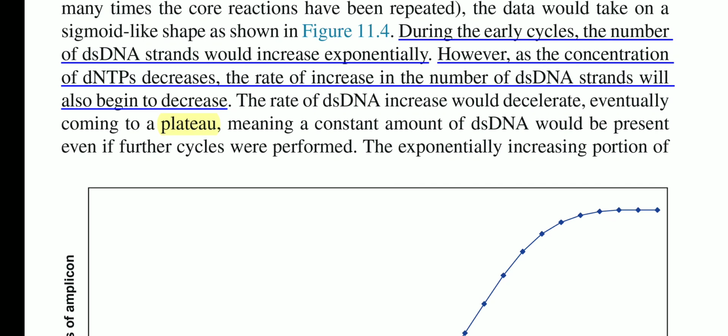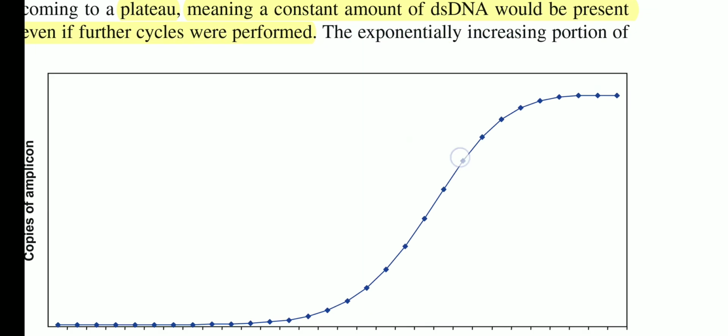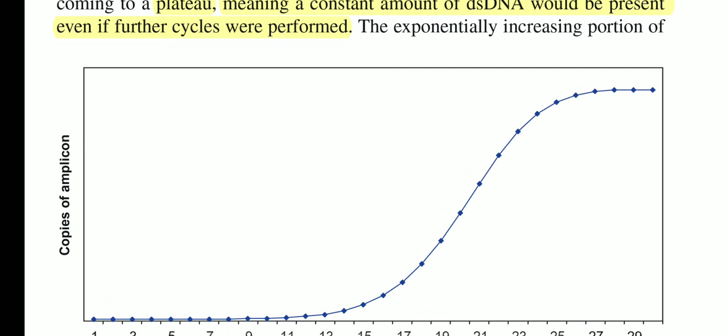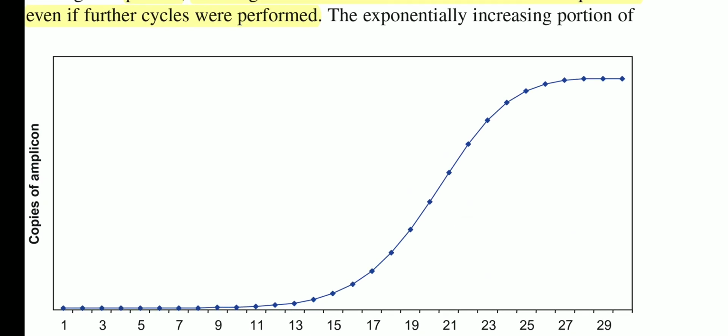As the dNTP number decreases, the number of double-stranded DNA copies also decreases, and the rate of increase decelerates, eventually coming to a plateau. This means a constant amount of DNA will be present even if further cycles were performed. This is your plateau region. Cycle number, how it becomes stable, not increasing anymore.